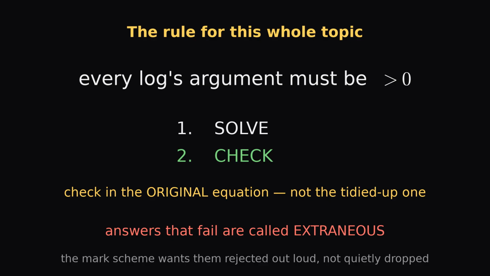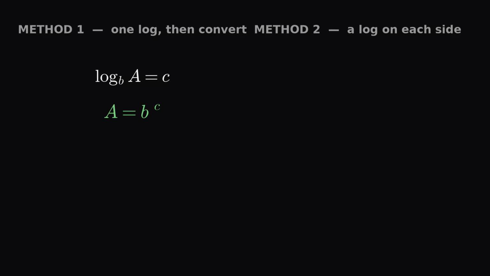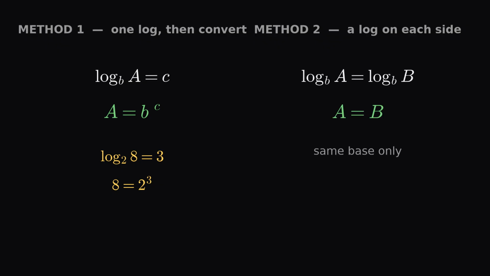There are two methods. Method 1. Get it down to a single log equals a number, then convert straight to exponential form. Log base b of a equals c becomes a equals b to the c. Same move as the laws of logarithms video. Log base 2 of 8 equals 3 becomes 8 equals 2 cubed.